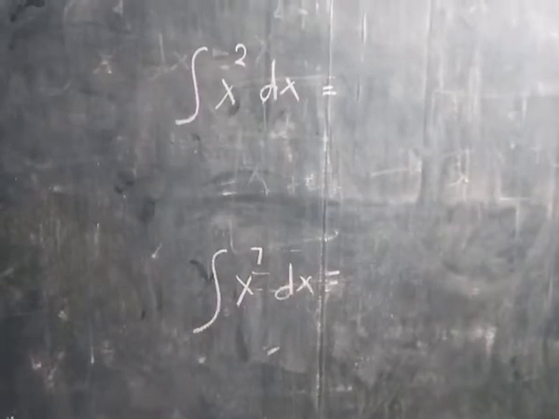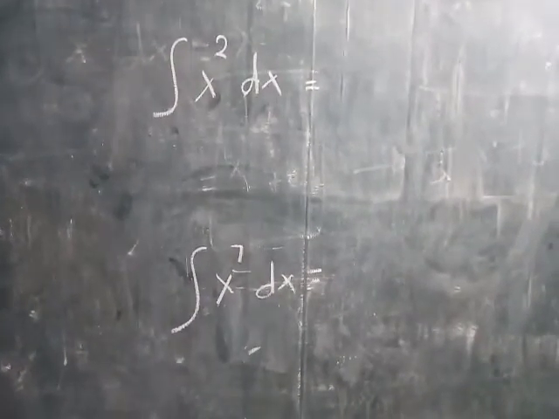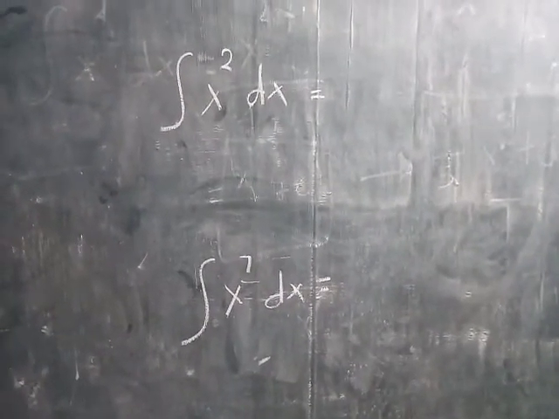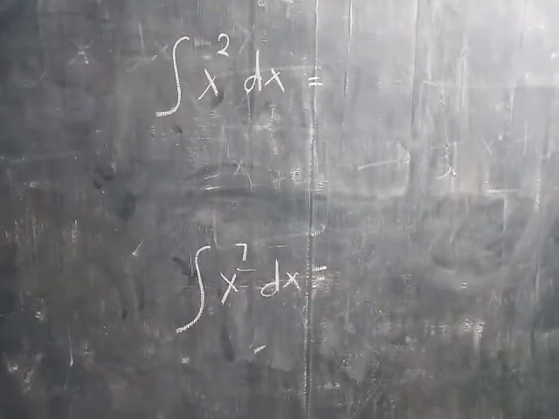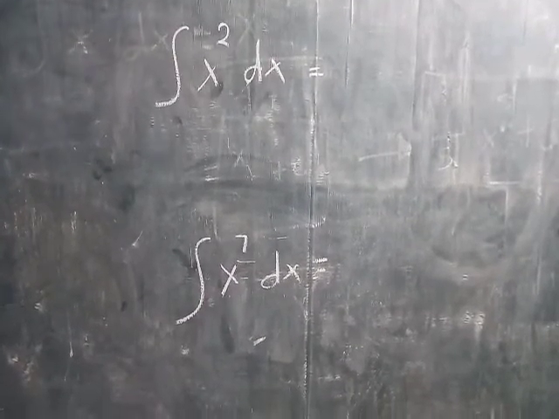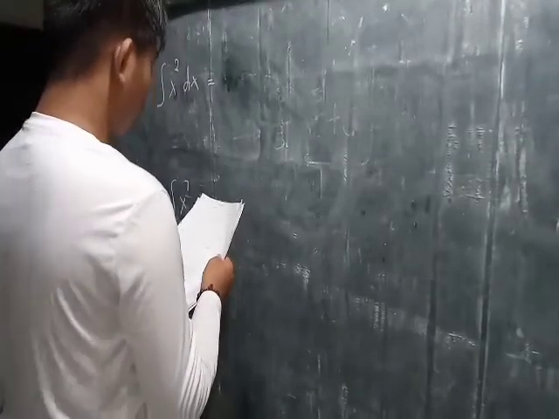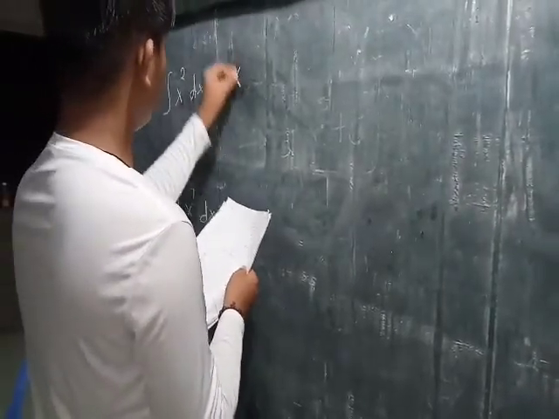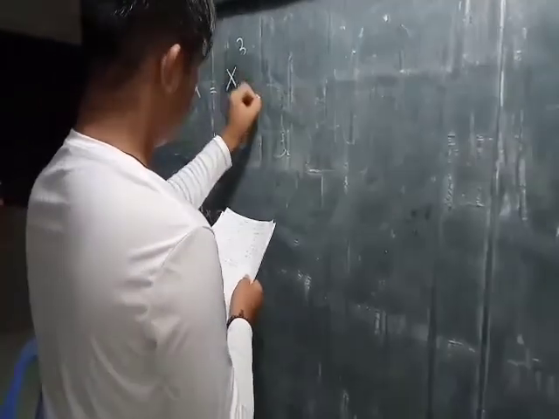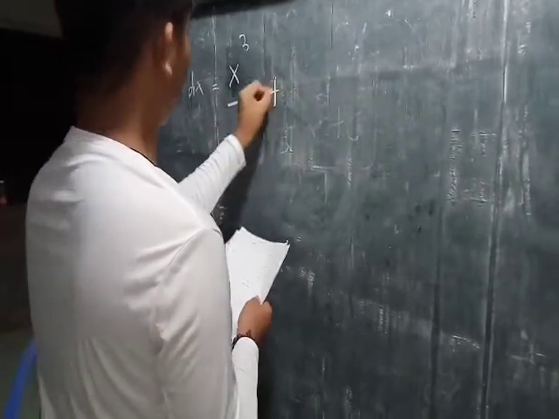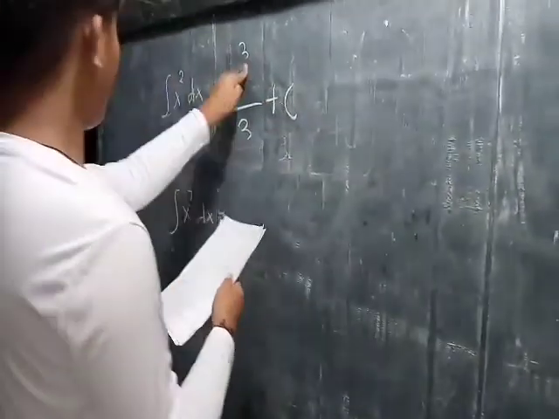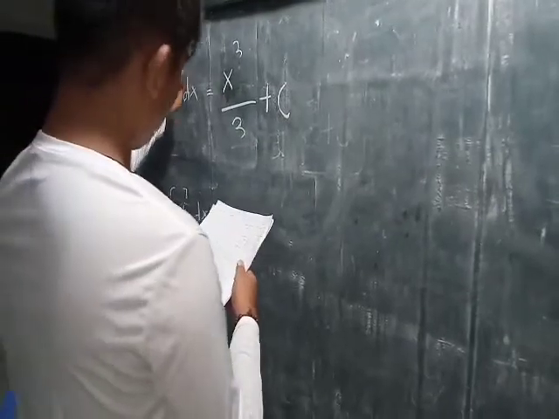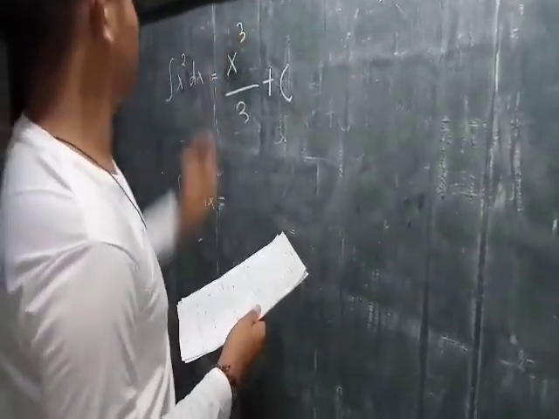Now let's try these two examples. We are going to find the antiderivative of x squared dx and x to the 7th power dx. This one is going to be x cubed over 3 plus c. You just add 1 to 2 and you have the cube.